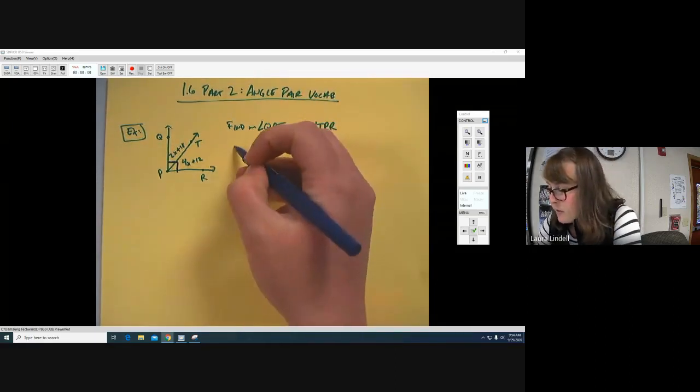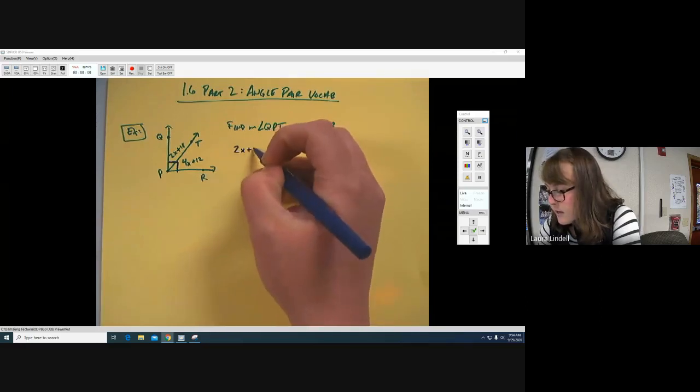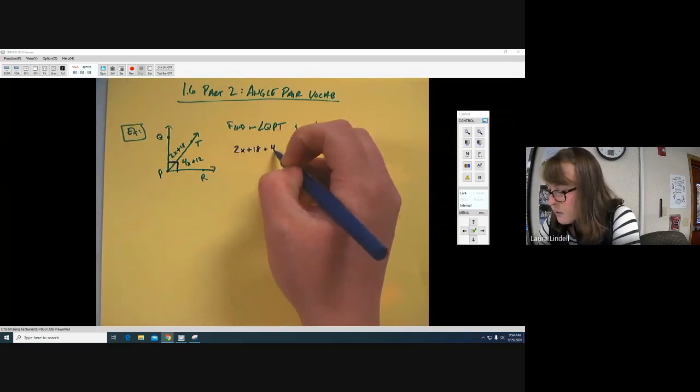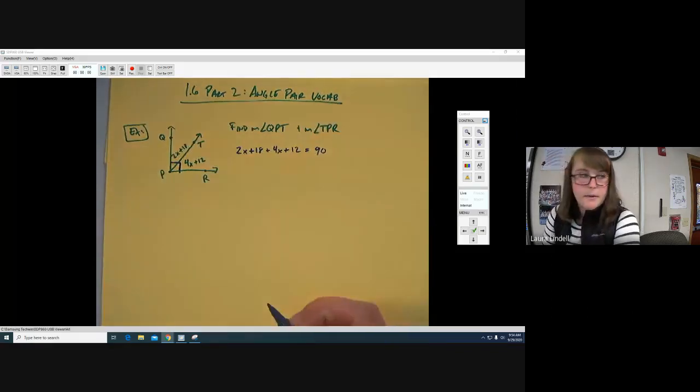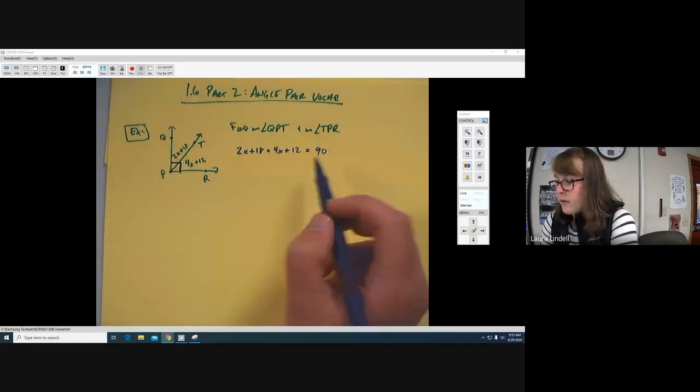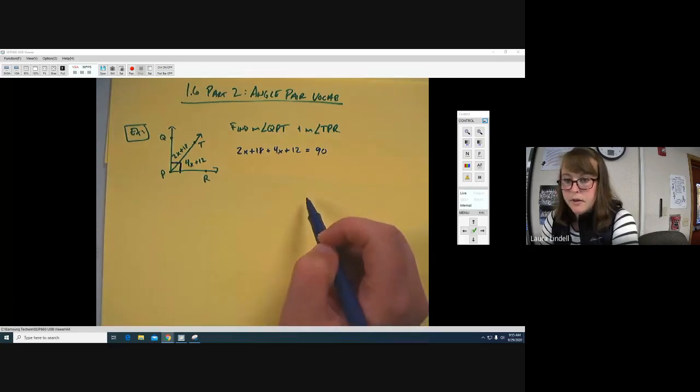So we would set up an equation, 2x plus 18 plus 4x plus 12 equals 90. So this is going to look a lot like the problems that we did with just regular adjacent angles, except using notation here to determine that they're going to add to 90 instead of being told what they're going to add to.